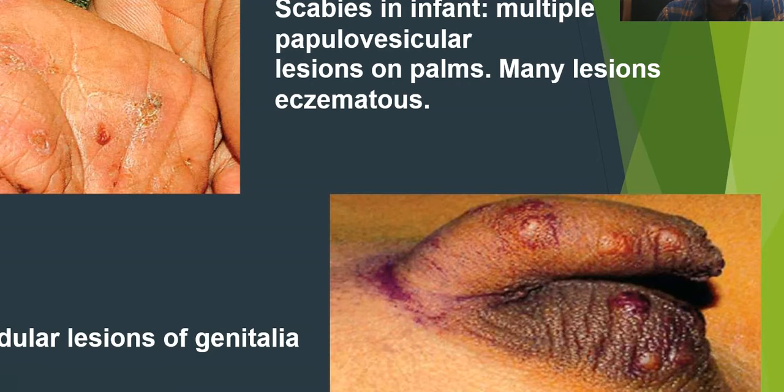So there is also surrounding redness of the area. Similarly, we can see these nodular lesions over the scrotum. Here you can see the nodules of the scrotum on the penis. These are the multiple nodular lesions which are seen over the genitalia.